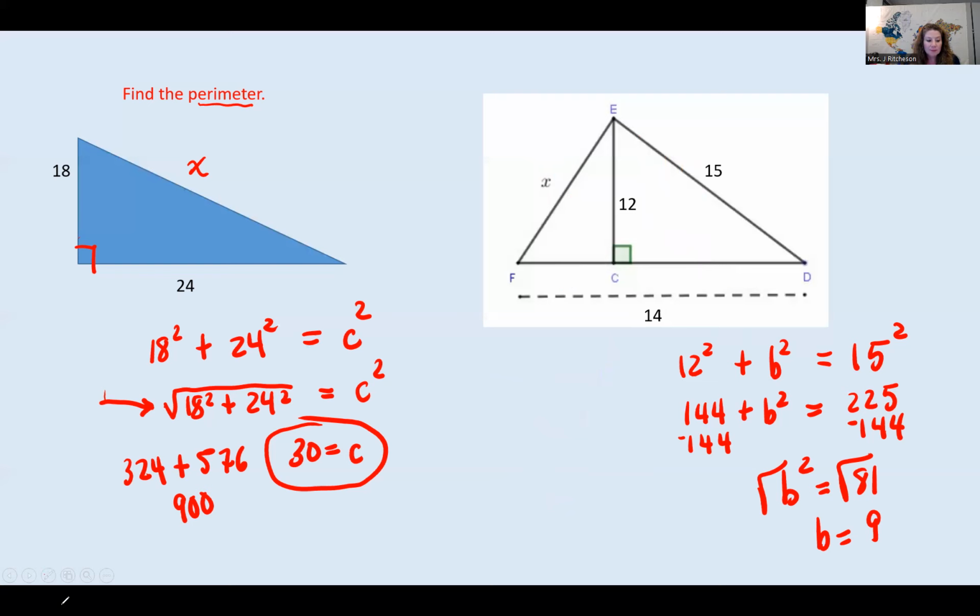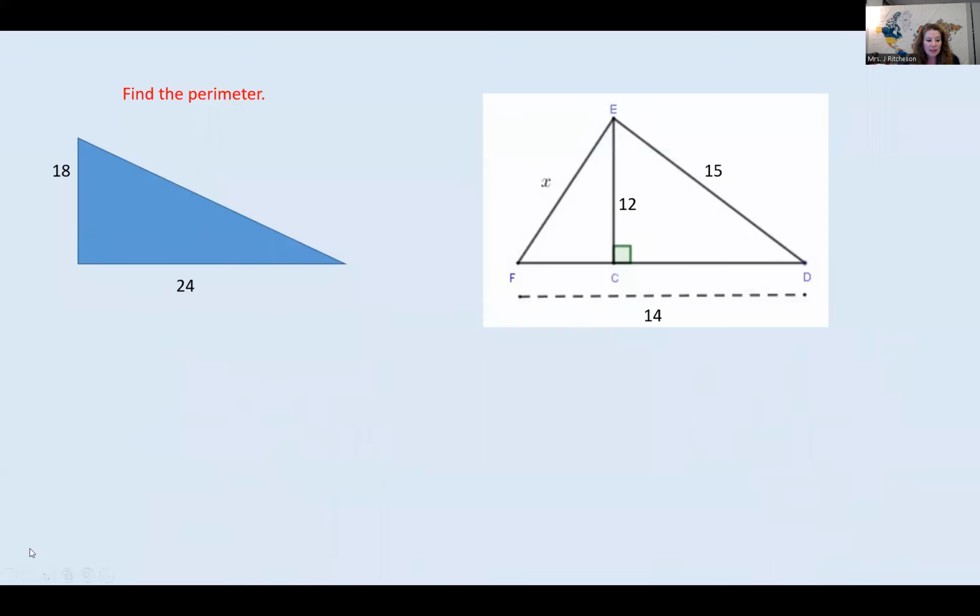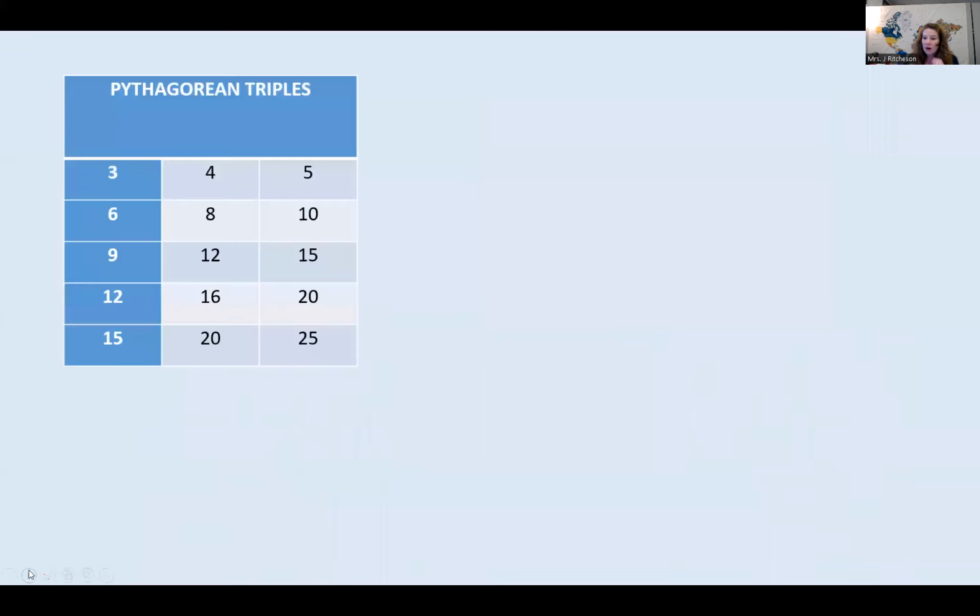All right, just one more thing I wanted to show you real quick. There are things called Pythagorean triples. Just so you know, after you do a few of these, you might start recognizing this group of numbers, a 3, 4, 5. Those lengths will always make a right triangle.